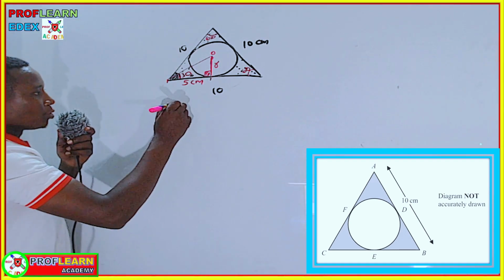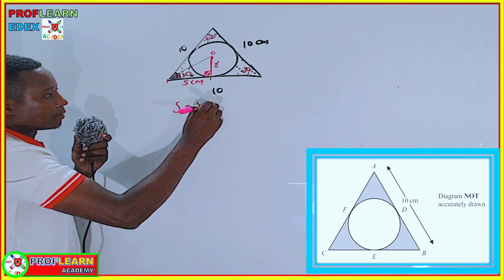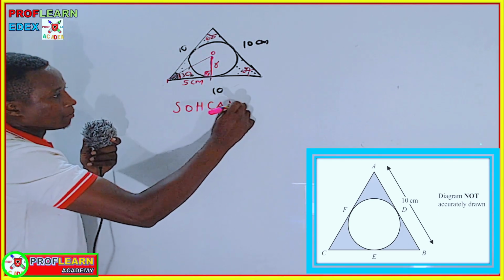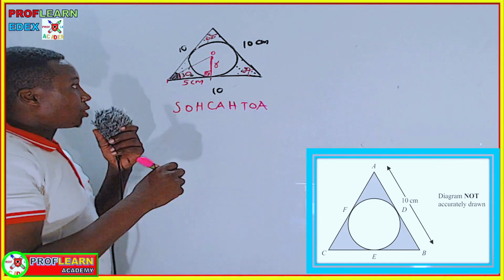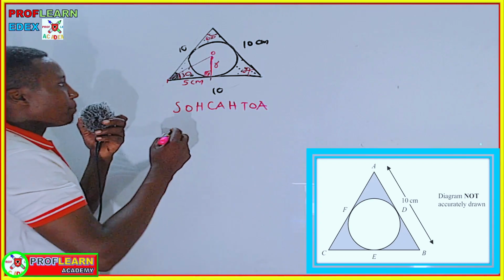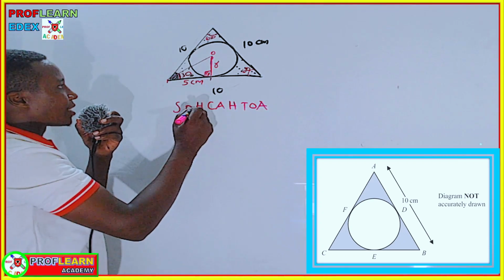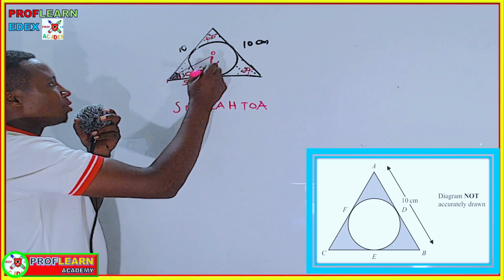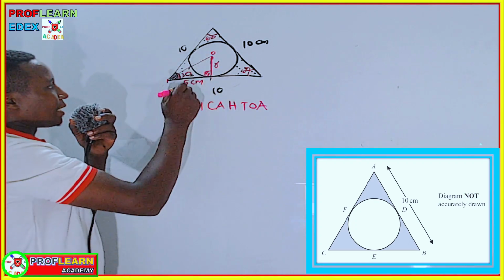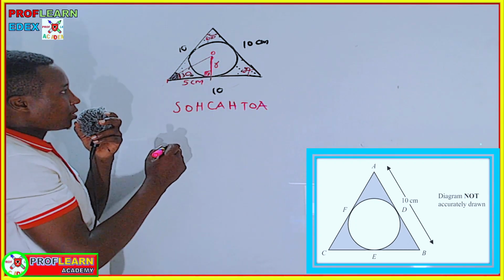So we can use SOHCAHTOA, in the sense that we can check which one we have. We have the angle, we need the opposite, and we have the adjacent. So which one is that?